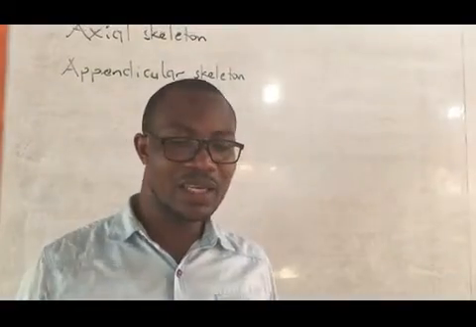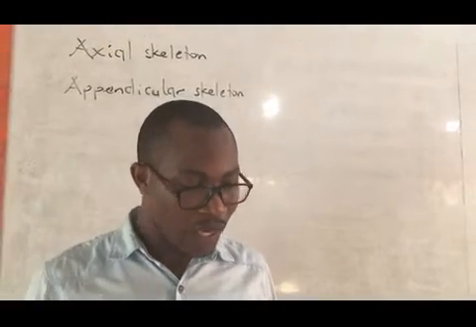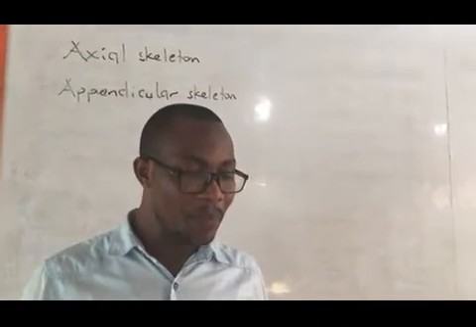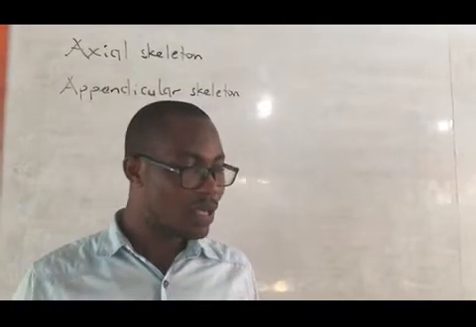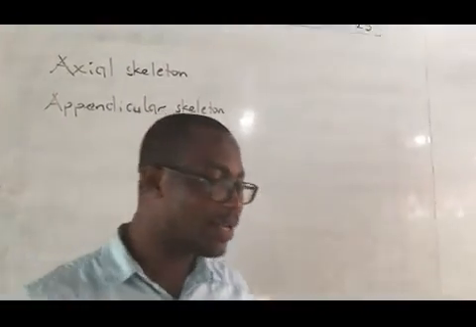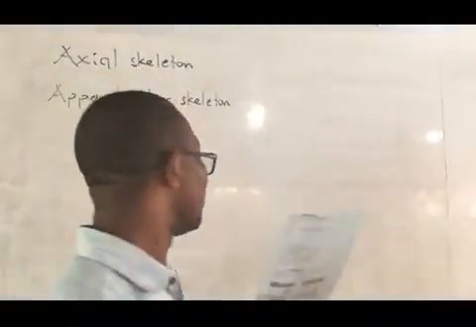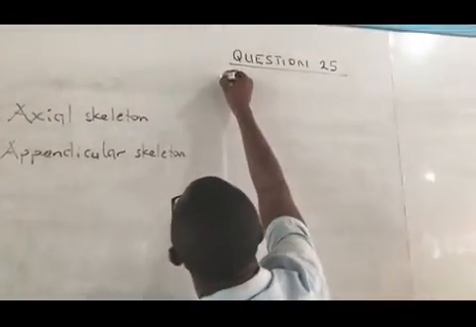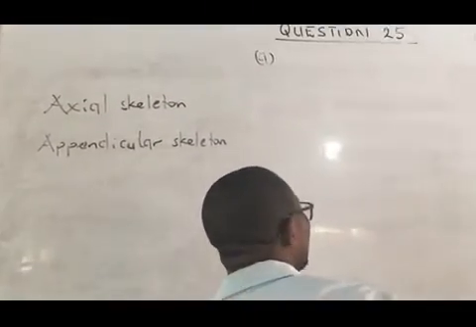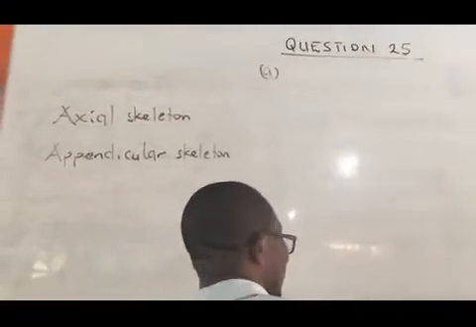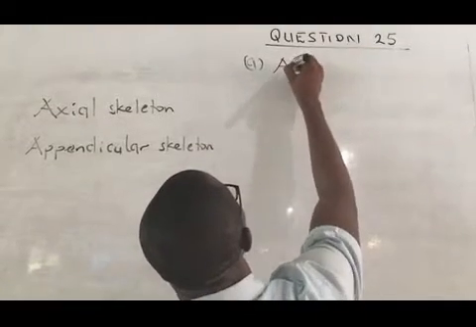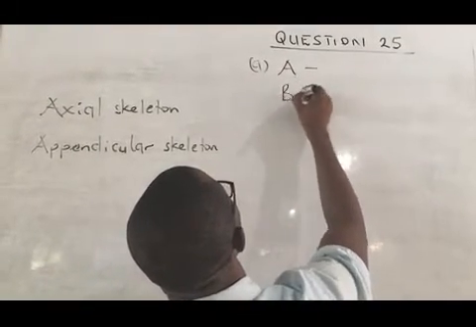Diagram A, B, and then C. Question A says you should identify each of the bones A, B, and C.